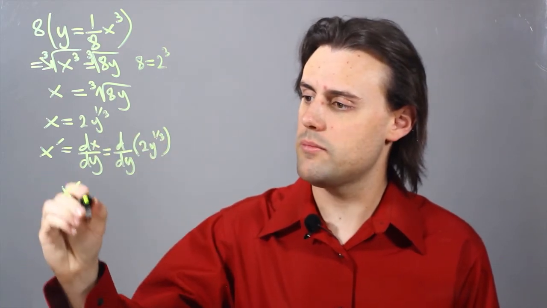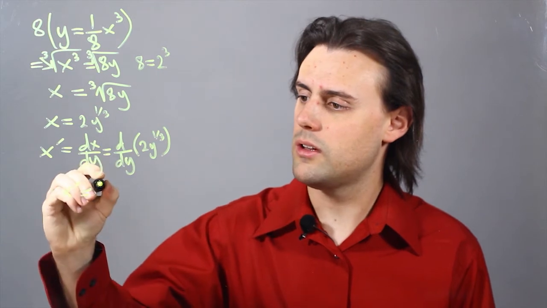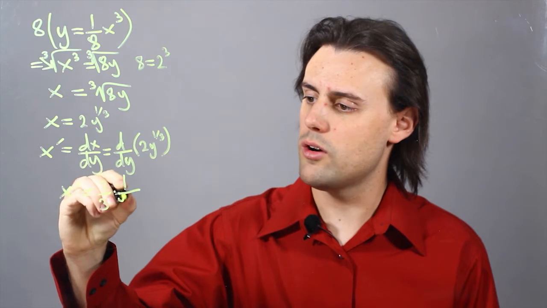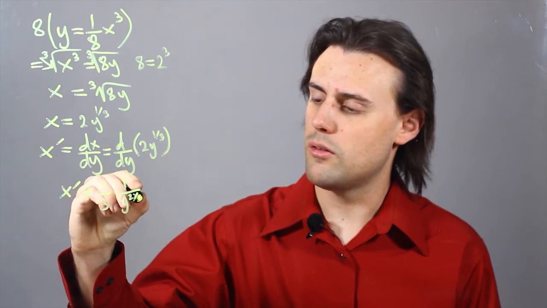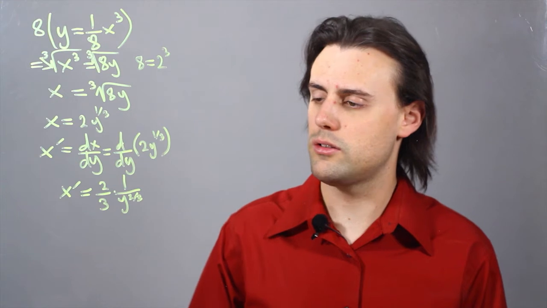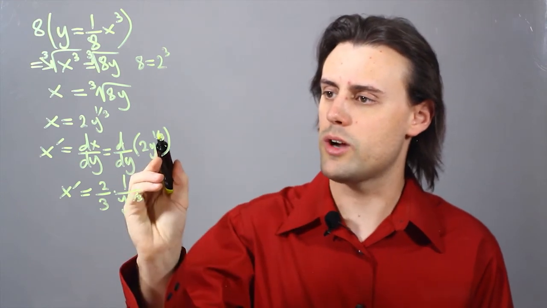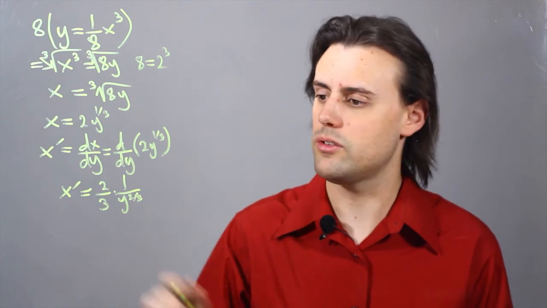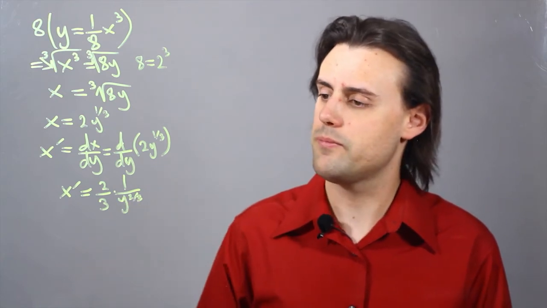So x prime then becomes 2/3 times 1 over y raised to the power 2/3, because we subtract 1 from 1/3, and that gives us negative 2/3, so y appears in the denominator.